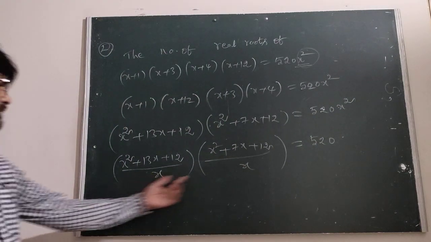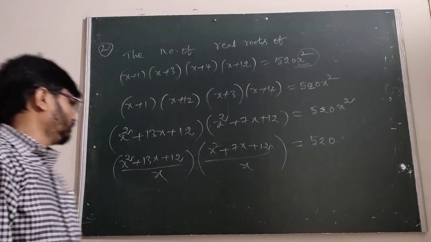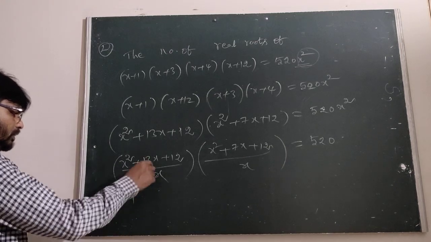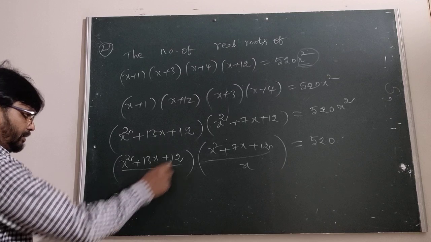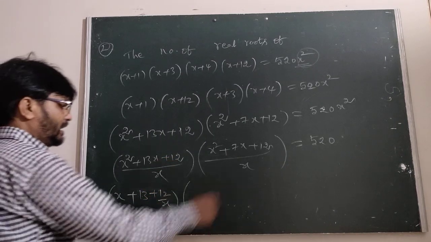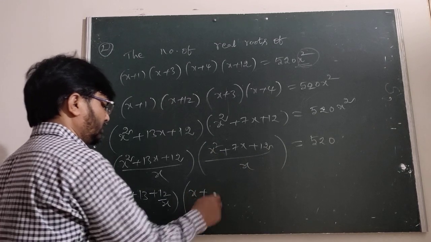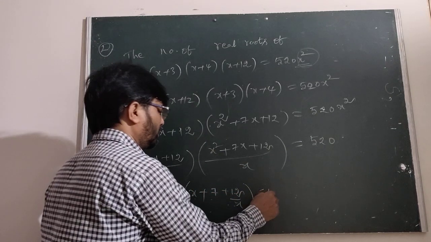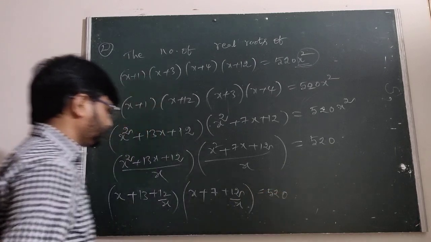Now we can write x²/x is x, 13x/x is 13, and 12/x, so the first bracket is x + 13 + 12/x. The second one is x + 7 + 12/x, equal to 520.